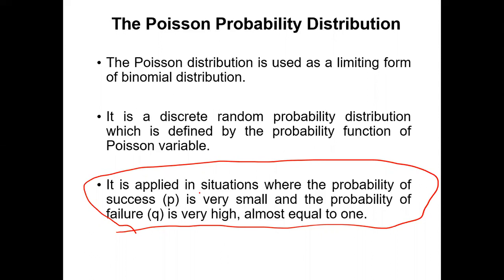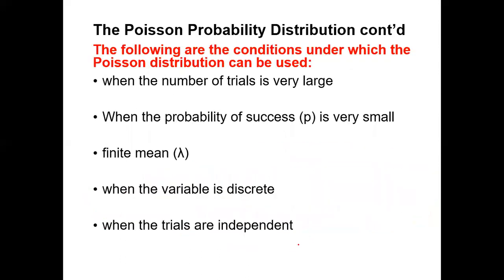In simple words, it is used to describe the distribution of rare events in a large population. So the probability of success must be very small, and the number of trials must be very large. This is the key to using Poisson distributions.